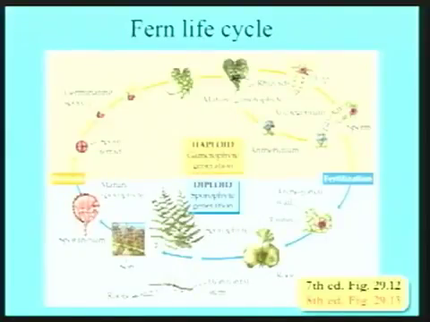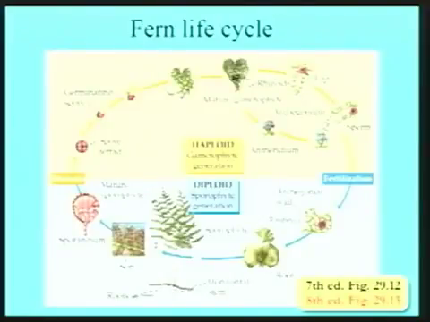They're in association with mycorrhizal fungi that I mentioned earlier and gain their nutrition that way. But they do produce gametangia, and in the case of ferns, they're commonly bisexual or hermaphroditic, producing both antheridia, the male gametangia, and archegonia, the female gametangia.